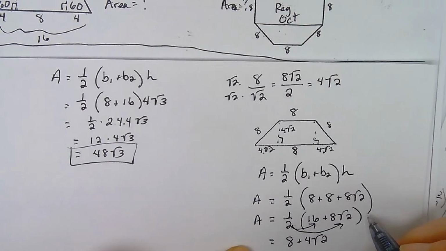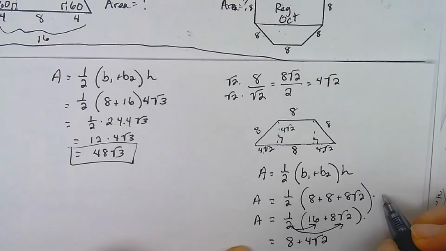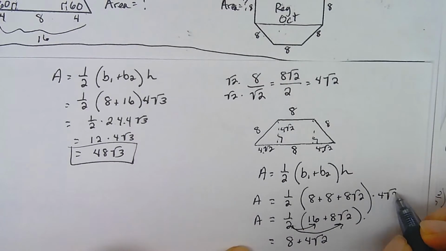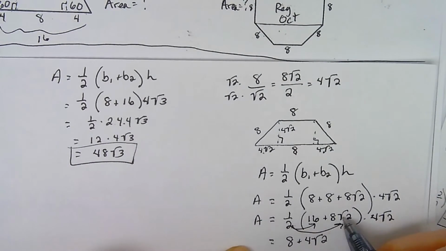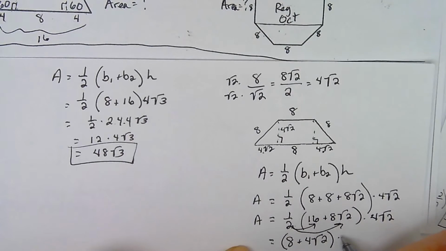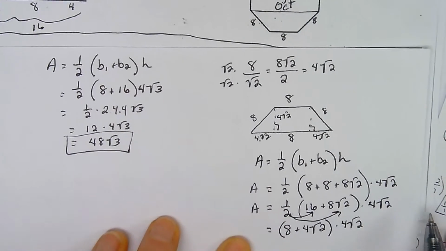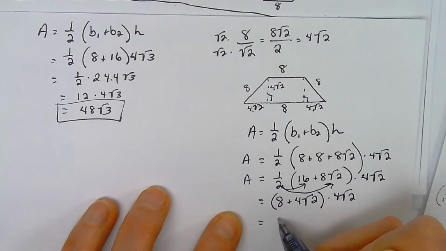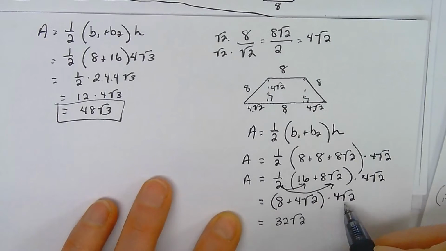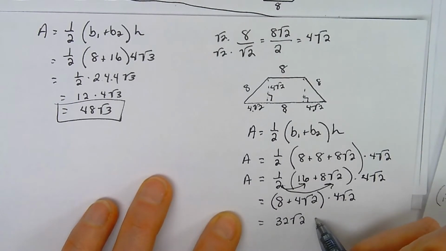Now that has to be multiplied by the height, and the height is 4 rad 2. So this whole number here has to be multiplied by 4 rad 2. 4 rad 2 times 8 is 32 rad 2. And 4 rad 2 times 4 rad 2 is 16 times 2, which is 32.